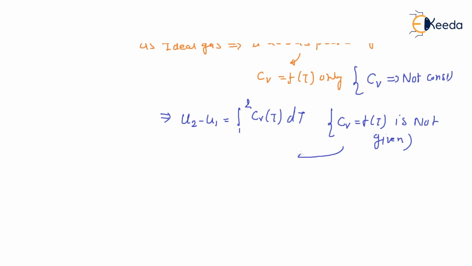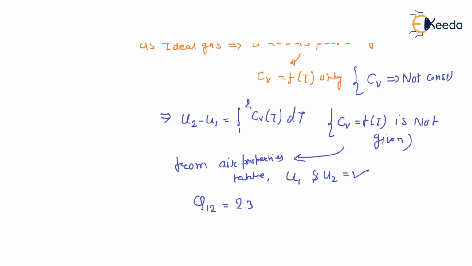So for that, you take the air property table and find U1 and U2. Once you find U1 and U2, you have heat transfer Q1 to 2, 2350.